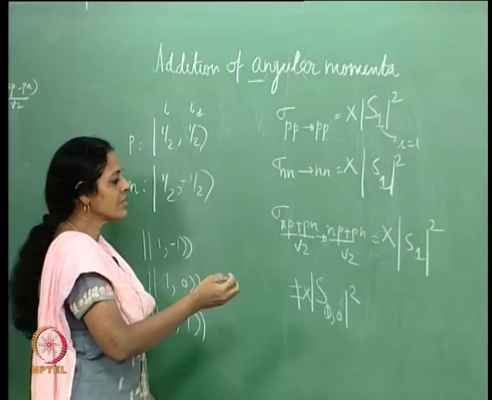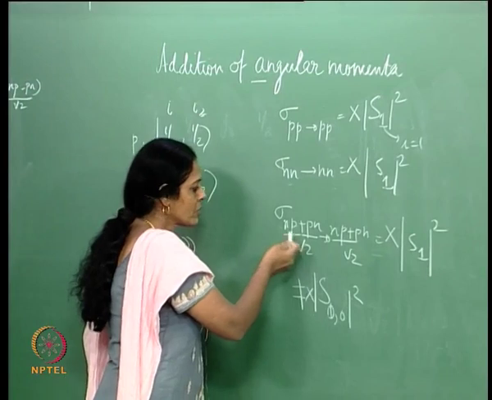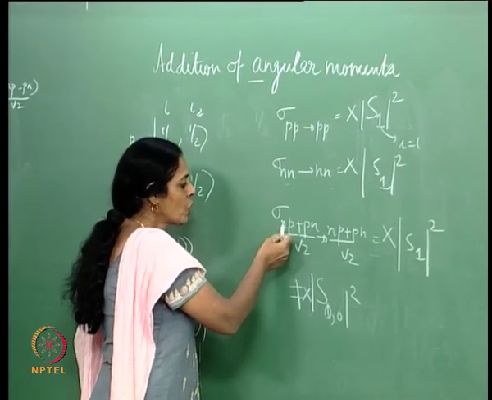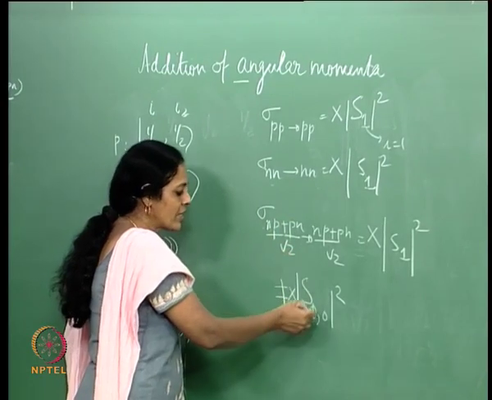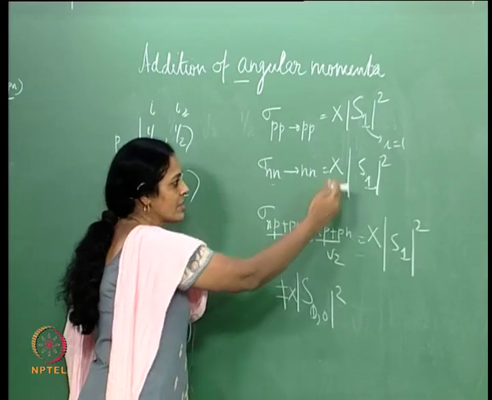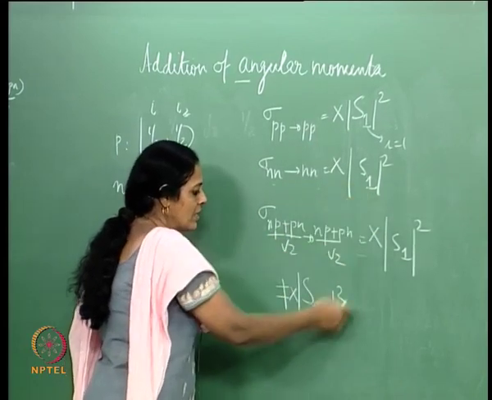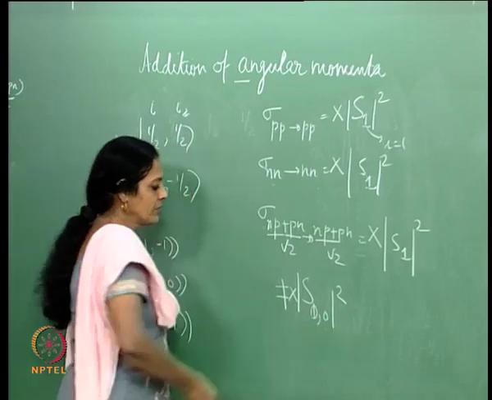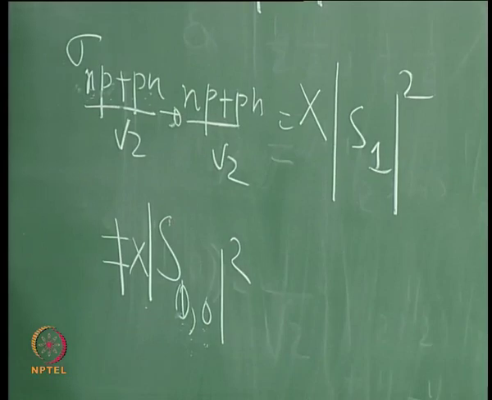The only difference that can be seen in the laboratory is because of this, because when a neutron interacts with a proton, it could be either in the I equals 1 state or in the I equals 0 state, and the small difference between these values comes because of this extra piece, which makes a contribution in neutron-proton interactions.